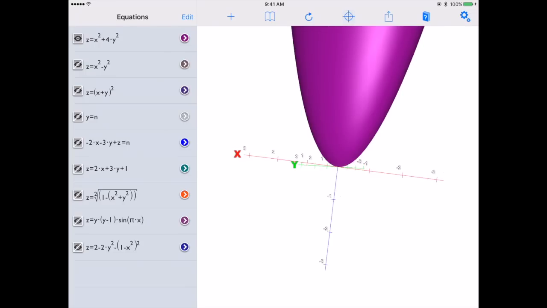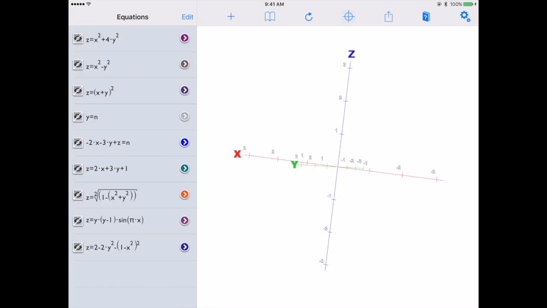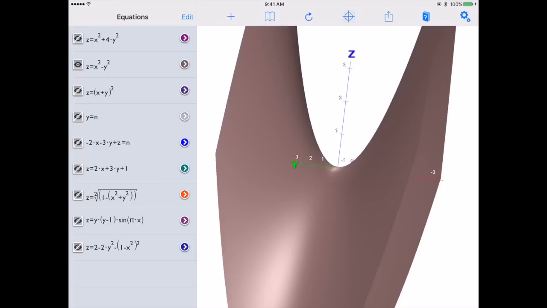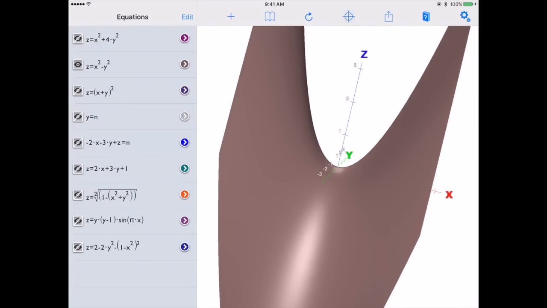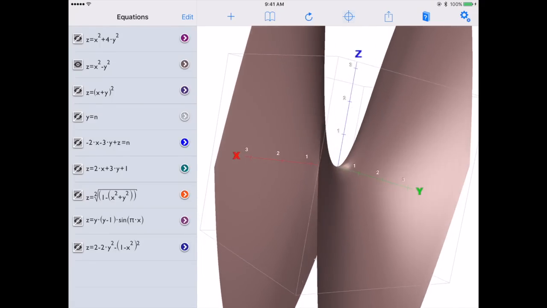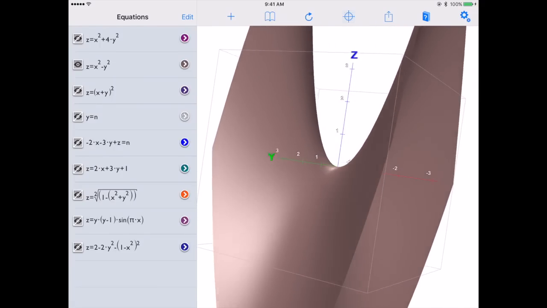That's a relatively simple function. Another type of quadratic function that we can have is given by x squared minus y squared. Here we have an x squared term and a y squared term, but one of them has a positive weight and one of them has a negative weight. And this type of function is a saddle.